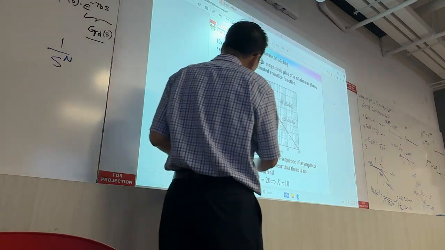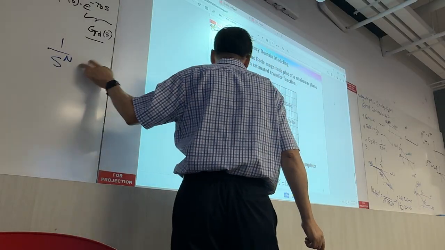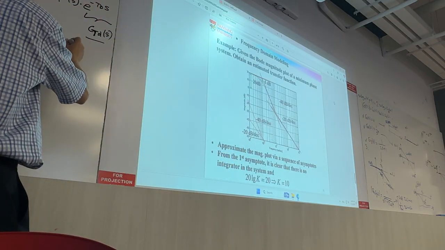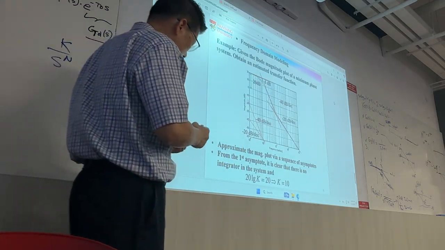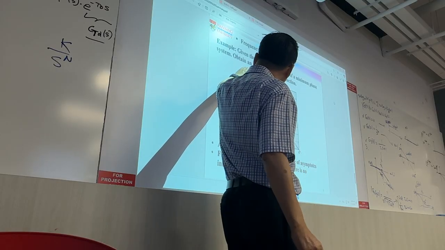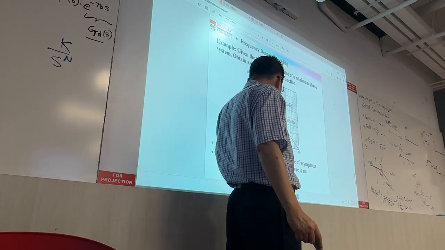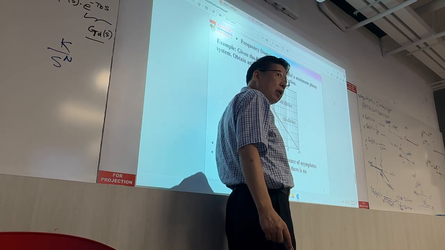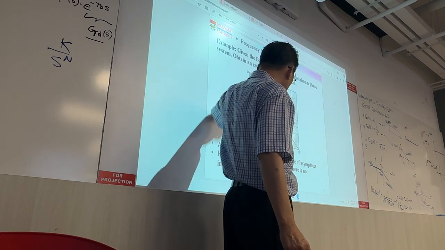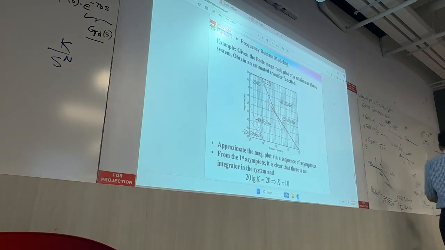From here, this is the left portion, we know that n is equal to 0, so that is due to a constant k. Then the constant k, you read this out, 20 dB, so 20 log of k is equal to 20. 20 is from here. So from there, we can get k is equal to 10.